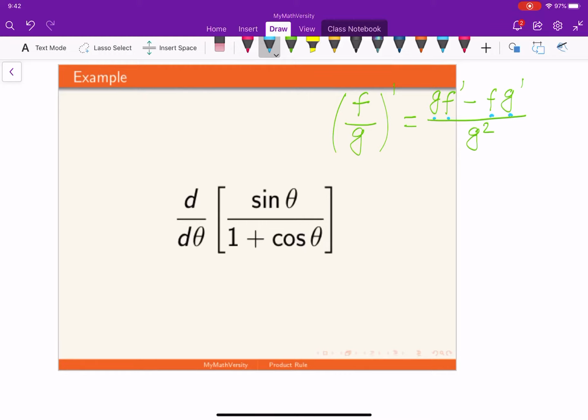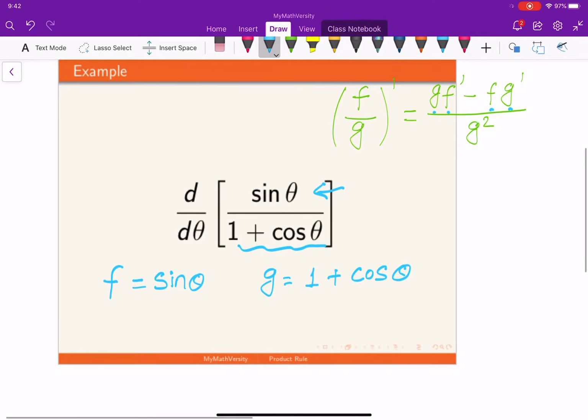Finding f and g is easy. f is the function at the numerator, which is sine theta, and g, at the bottom, is 1 plus cosine theta.